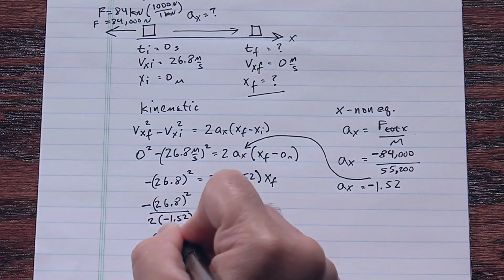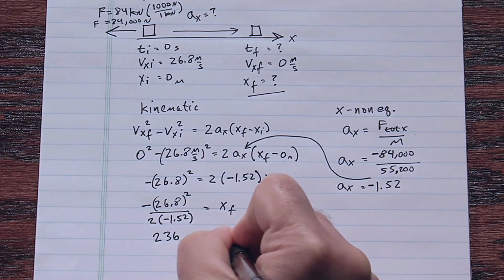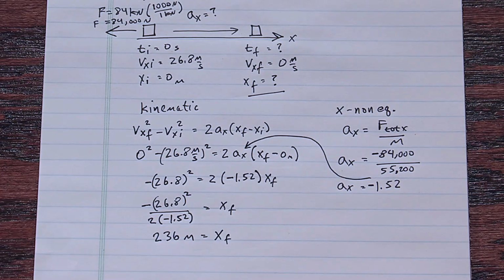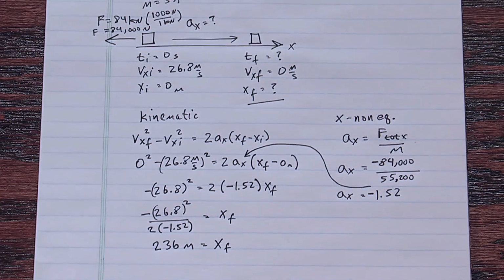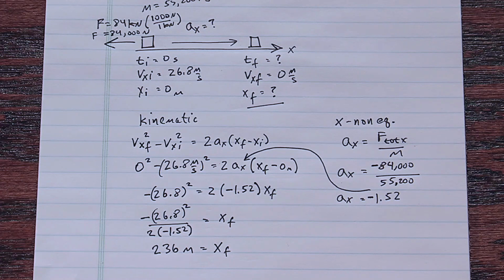So 236 meters is the final position of the train. So we know where the train comes to rest. It comes to rest 236 meters from where it started. Unfortunately, the truck was 184 meters from where the train started. So unfortunately, the train didn't stop before it hit the truck.